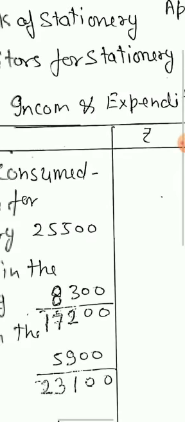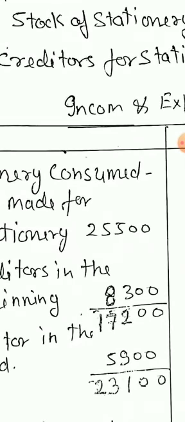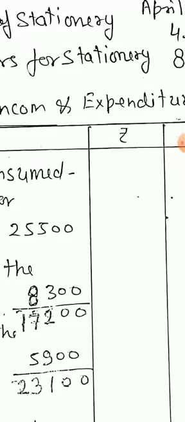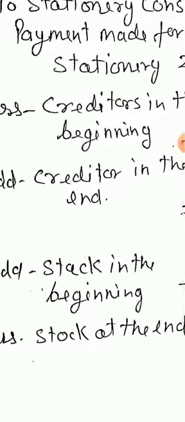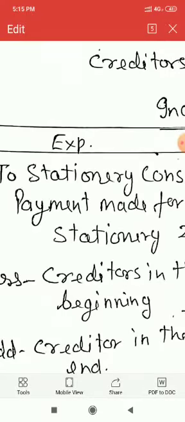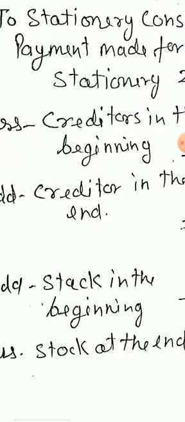In this way we present consumable goods in the income and expenditure account. For consumable goods, there is one trick.